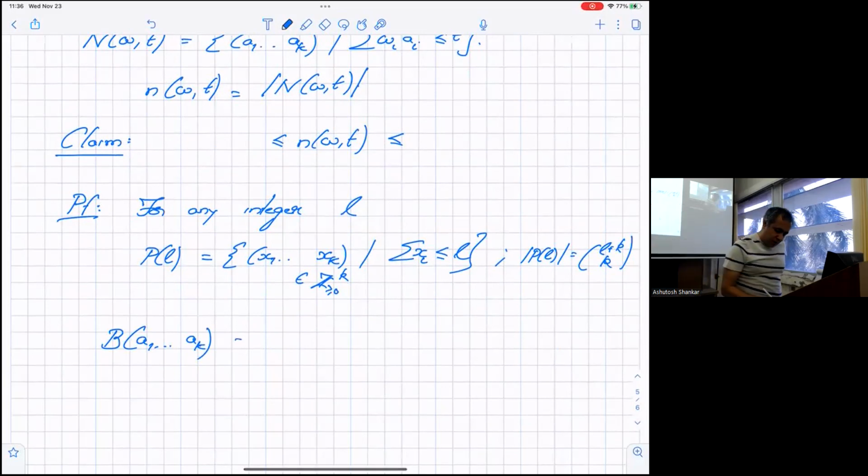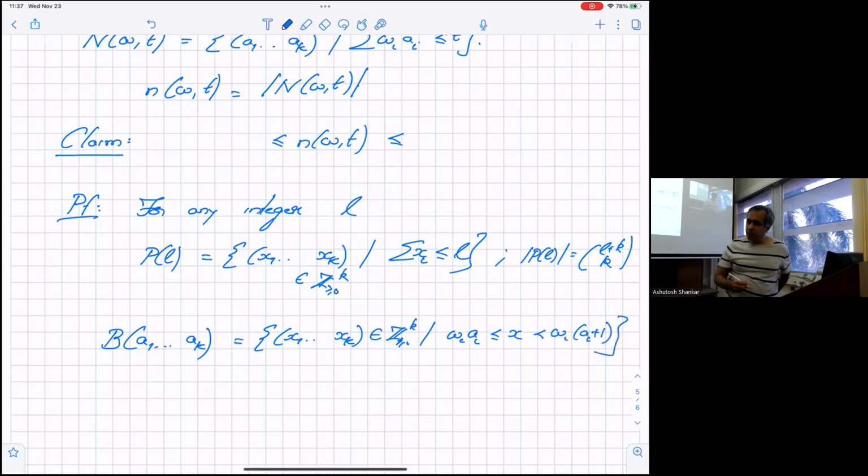This box is just going to be those x1 to xk such that Wi ai is less than or equal to x, strictly less than Wi (ai plus 1), for all i. So each coordinate is lying between these values.